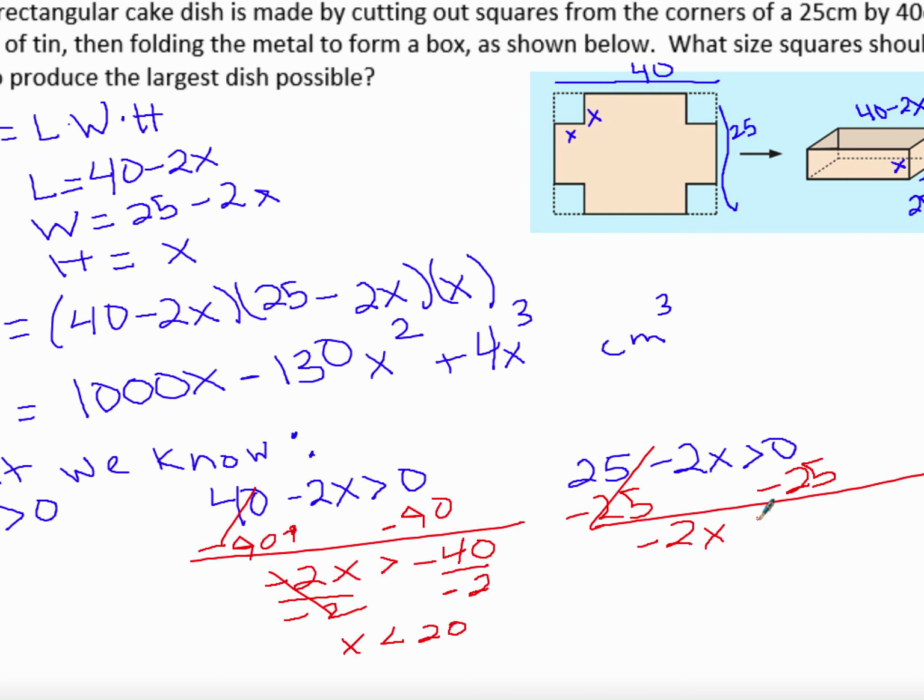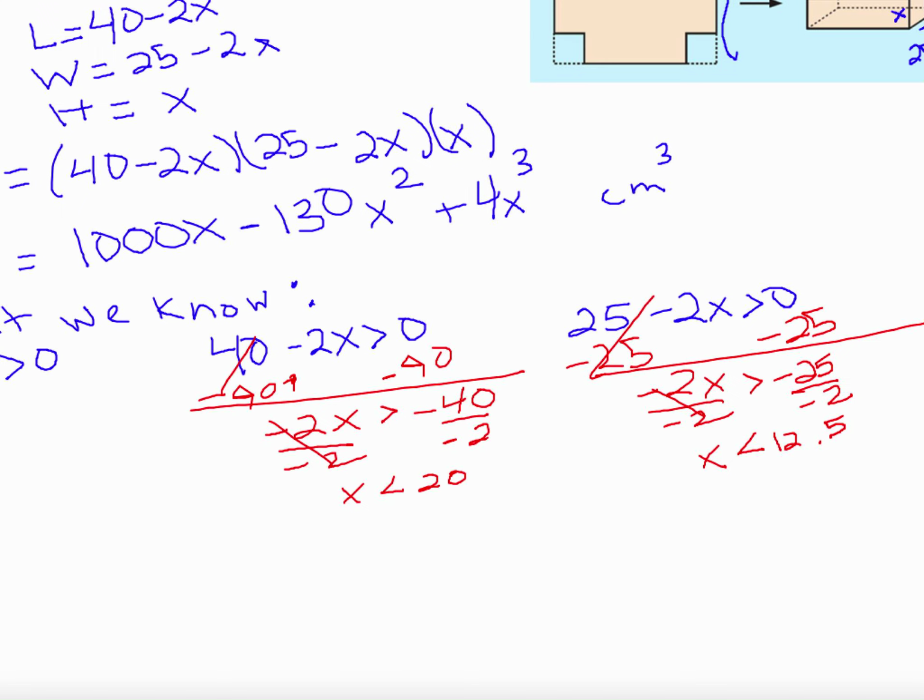Divide by negative 2. And I get x is less than positive 12.5. So if x is bigger than 0, which it is, and it's also less than 20, and it's also less than 12.5, what that means is that x has to be in between 0 and 12.5.